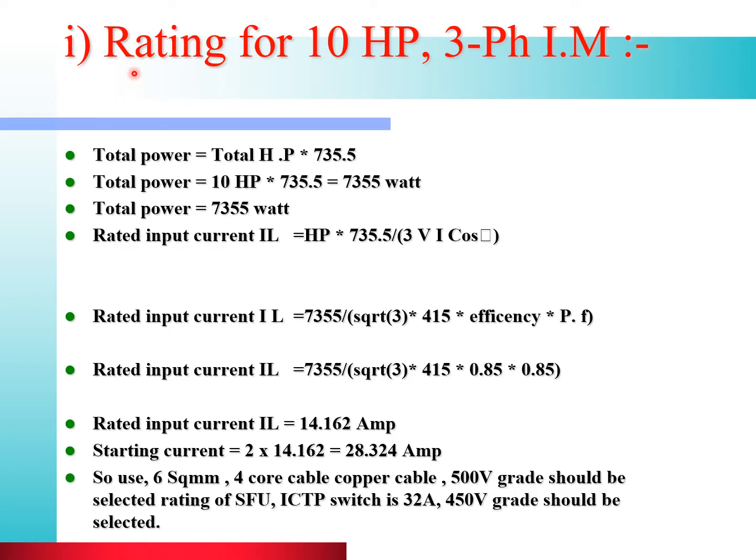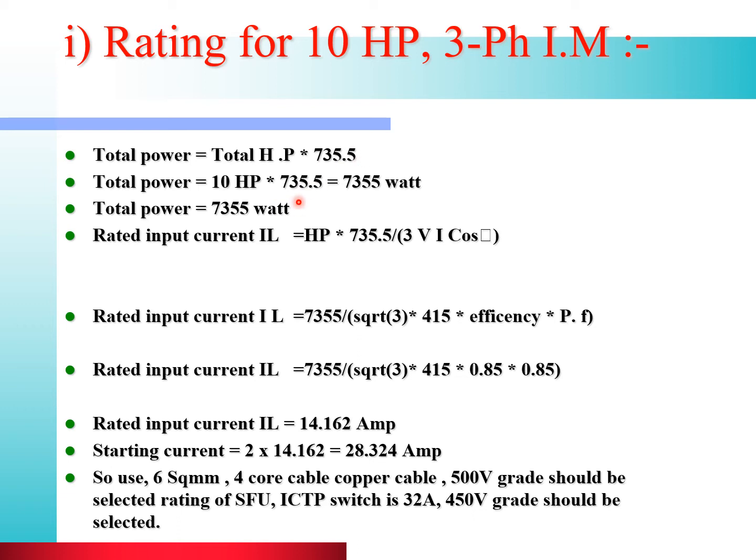So first we will calculate the rating for 10 horsepower 3-phase induction motor. The calculation is given. We have to calculate the total power. The horsepower multiplied by 735.5, we will get the total power. Motor rating is given 10 horsepower.